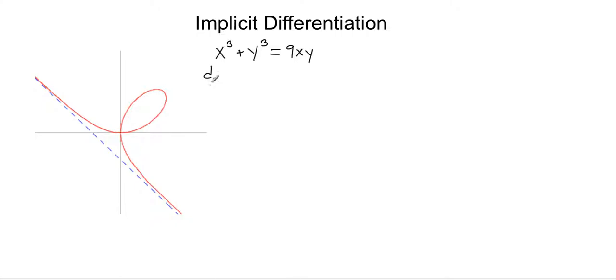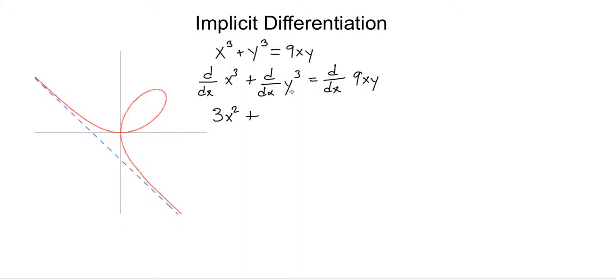So we take the derivative of x cubed plus the derivative with respect to x of y cubed, and that equals the derivative with respect to x of 9xy. On this side I have x times y, so I'm going to have to use the product rule. The d/dx of x cubed is simply 3x squared.